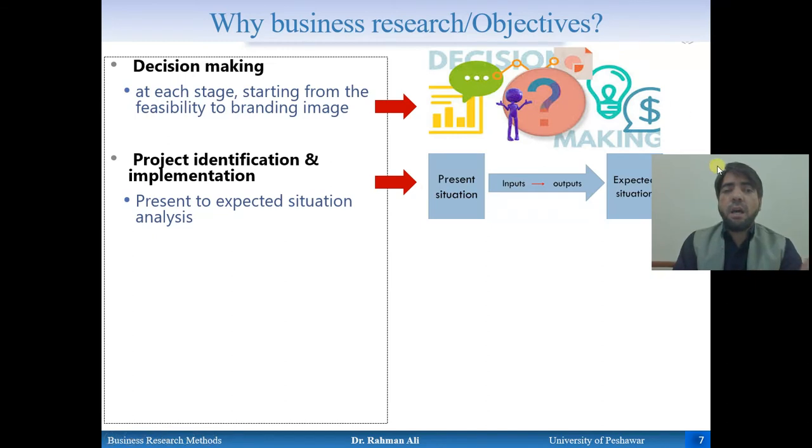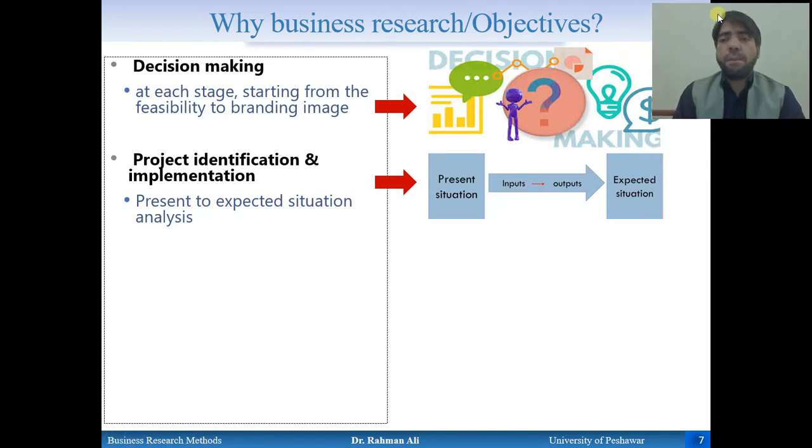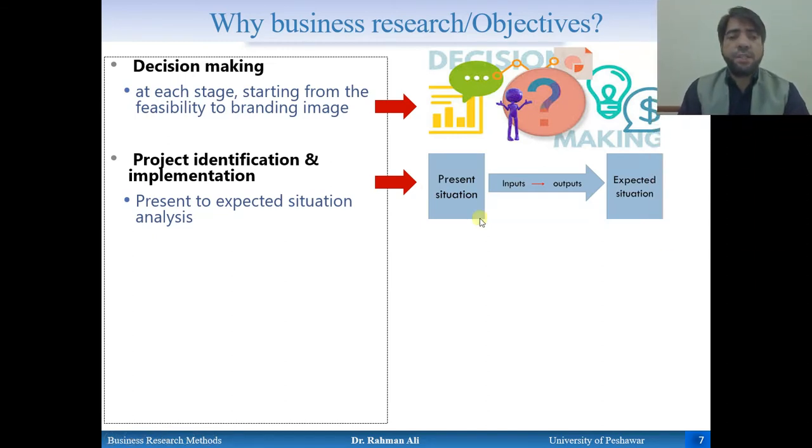The second objective or purpose of business research is to identify new projects and the way they can be implemented. If we have business research, we will analyze the present situation.